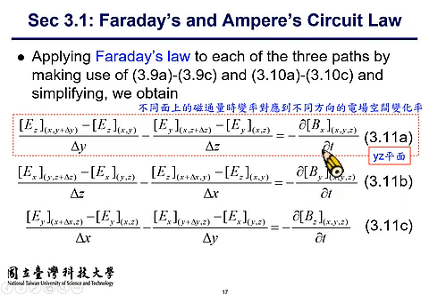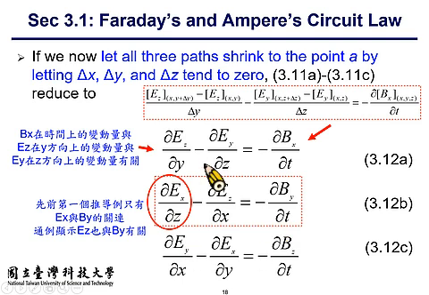And you can also find relationships on other planes. This one is for the YZ plane, this one is for the XZ plane, and the third one is for the XY plane. The three expressions here can be put into a simpler form as equations 3.12a, b, and c.